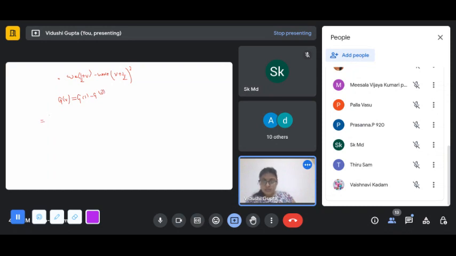So it will be omega e into (1 plus half) minus omega e xe, what is omega e xe? Omega e xe is the anharmonic constant.